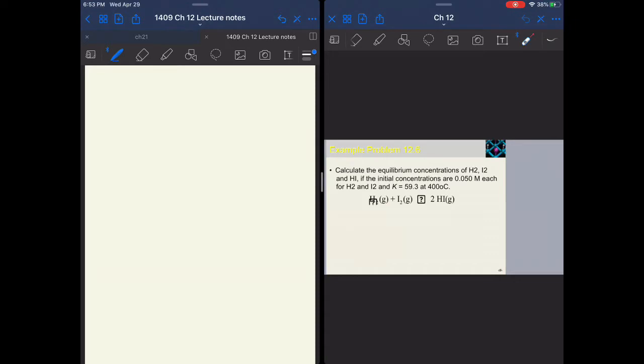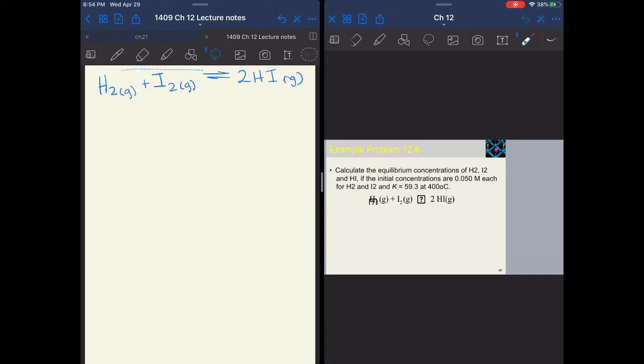So we're looking at a specific reaction between H2 gas and I2 gas. It's going to be in equilibrium with the product of 2 moles of hydroiodic gas. Okay. So this is a good balanced equation.